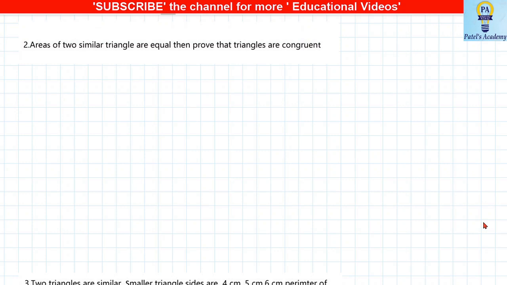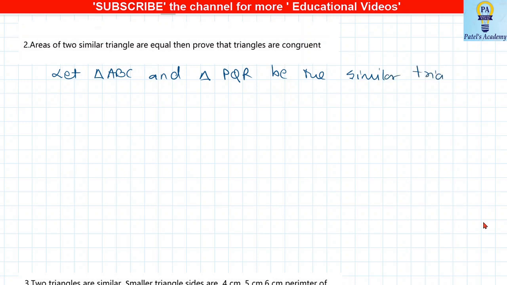Areas of two similar triangles are equal, then you have to prove that the triangles are congruent. Okay, so let us take the two similar triangles as triangle ABC and triangle PQR. So let triangle ABC and triangle PQR be the similar triangles.